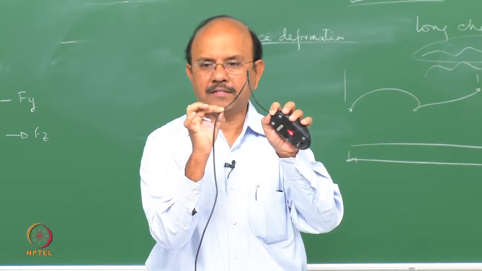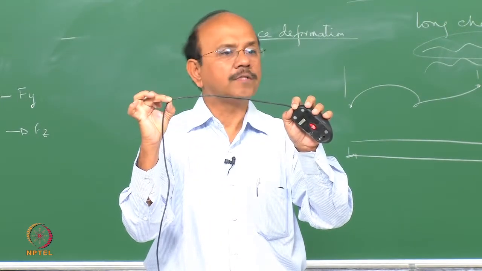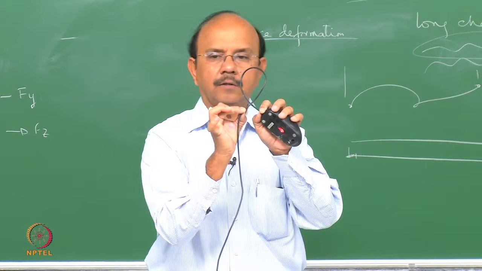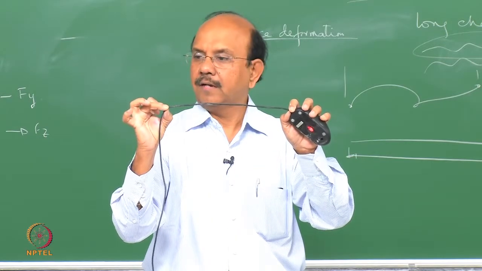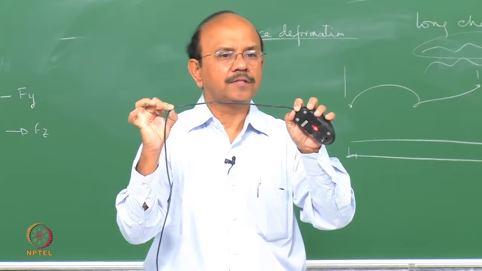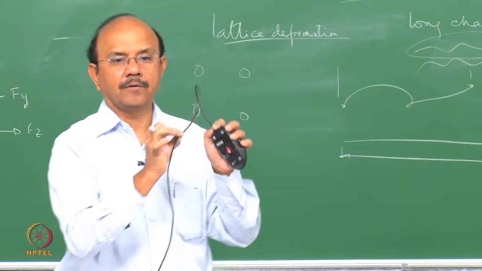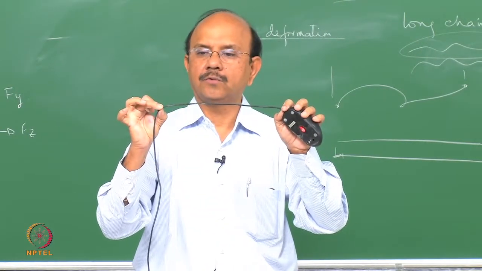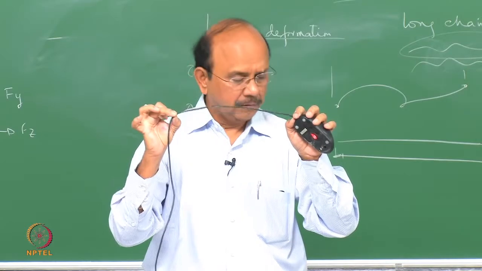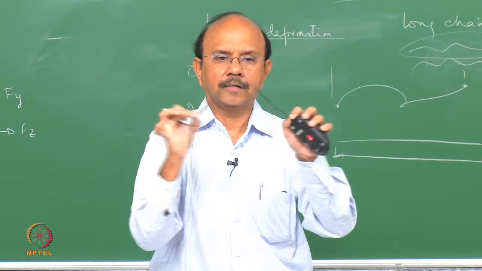So now let's see what happens. When I stretch it, look at how much I'm able to stretch. Look at how much my hand moves. Actually I am not disturbing the bonds like what I did in the previous case. What I did was to straighten this out. Look at that difference.